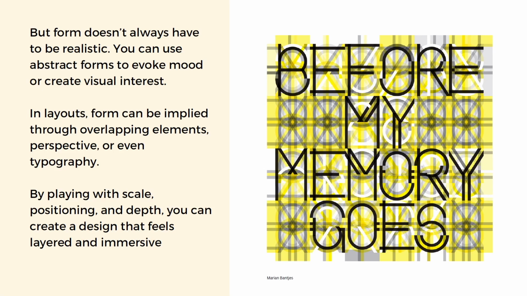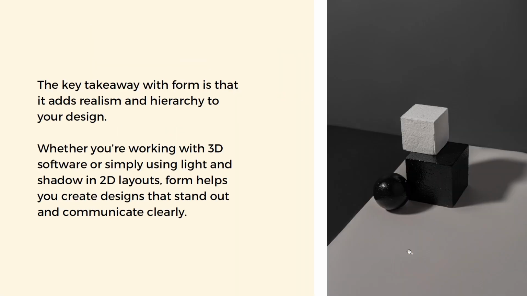And then we're going to be able to read it through the layers. So in these layouts, the form can be implied through these overlapping elements, in this case the lines, shapes, colors. You can use perspective, or in this case typography, to even do this. When you play with the scale, the positioning, the depth of a piece, or whatever element it is that you're working on, you're going to be able to create a design that feels layered and immersive.